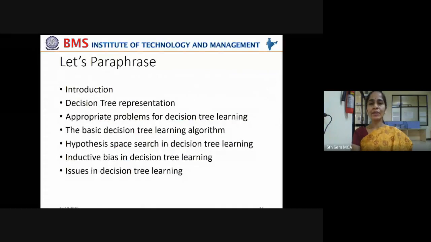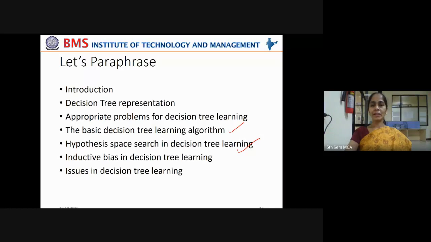Okay, so by this we completed our second module. Let's just paraphrase quickly what topics we have covered. We have seen the introduction to the decision tree algorithm, the decision tree representation, appropriate problems for decision tree learning, the basic decision tree algorithm ID3, and hypothesis space search in decision tree learning.